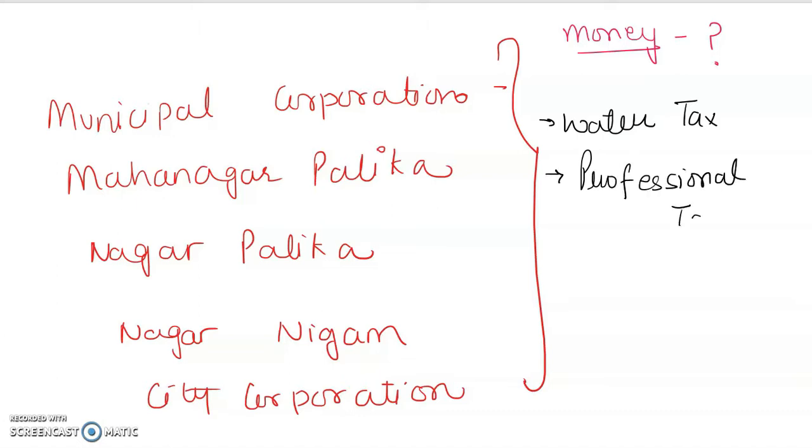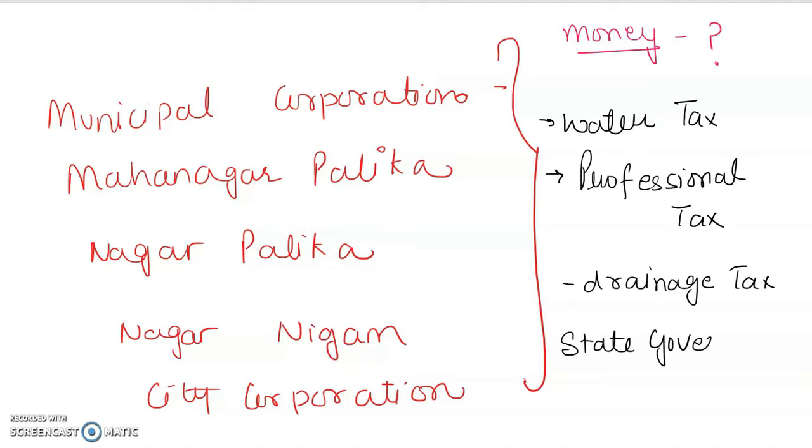For any profession carried out in the city, most people have to pay the tax to the municipal corporation. There's also a drainage tax. And apart from all this, the state government also provides aid to the municipal corporation to take actions for the welfare of the people.